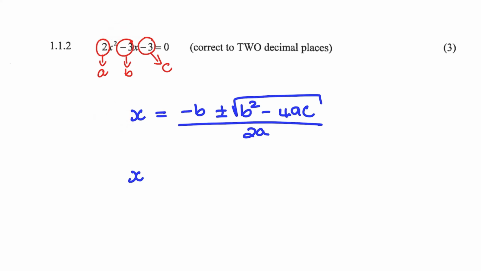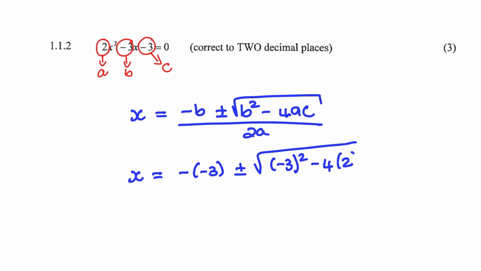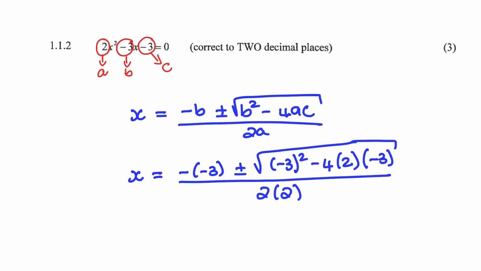So that will be x is equal to negative (negative 3) plus minus, in a square root, (negative 3) squared minus 4 times a, which is 2, times c, which is negative 3, over 2 times the a value of 2. Notice that I show my substitutions into the formula in terms of brackets. This will help me to recognize that I need to multiply out these terms.